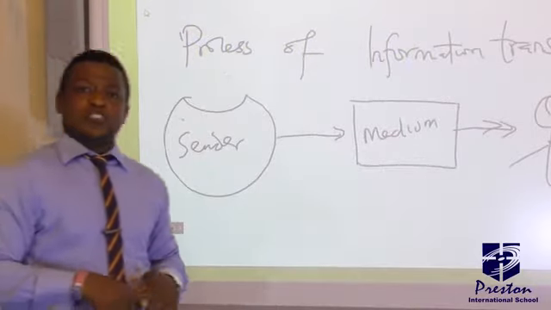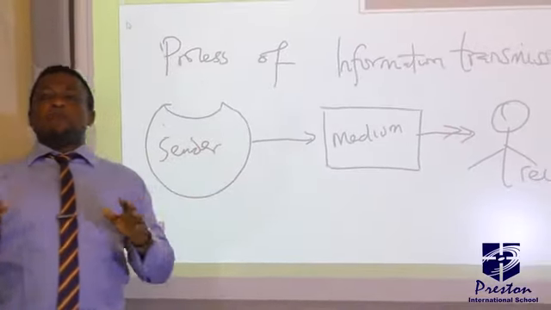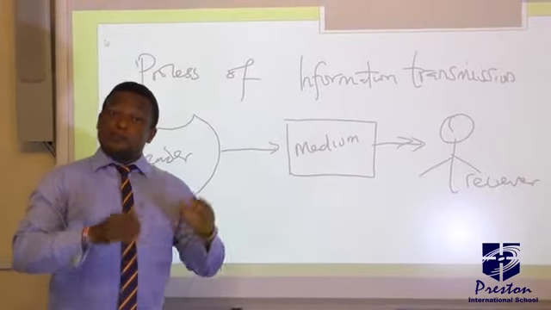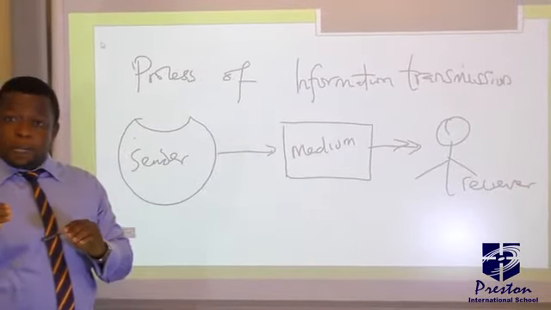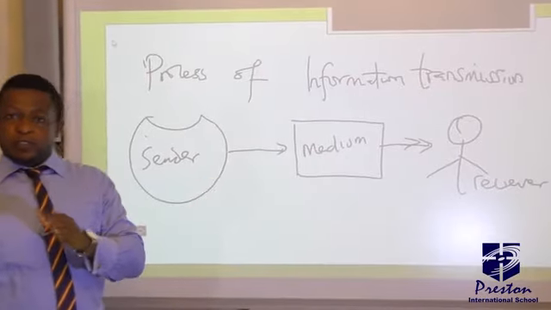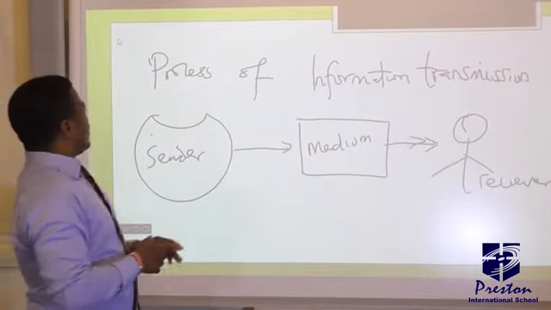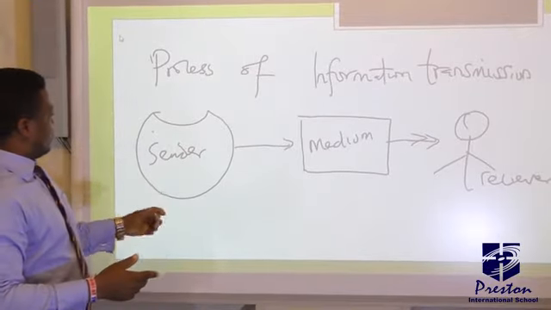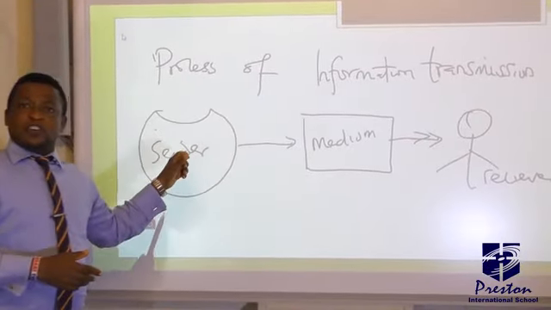What is information transmission? Information transmission can be described as the movement of information, not people, not transformation, movement of information alone from places to places. Okay? Then, what are the processes involved in information transmission? This was a WAEC question 2 years ago.